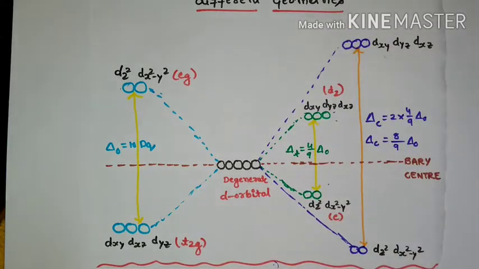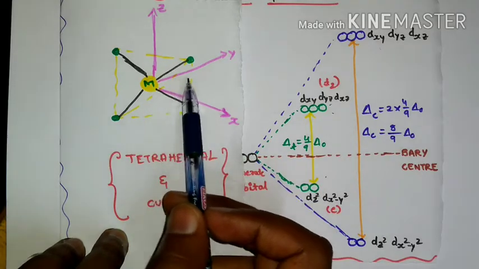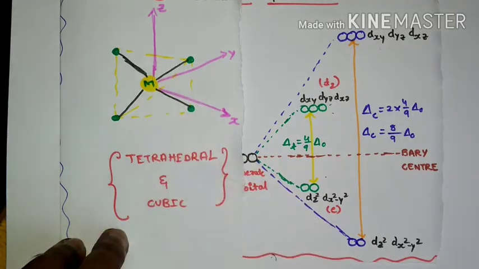And if you see the crystal field splitting in tetrahedral and cubic geometry, it will be just the reverse of octahedral geometry. This is the geometry of tetrahedral and cubic. Now in this case, you can see that the ligands are approaching in between the axis.